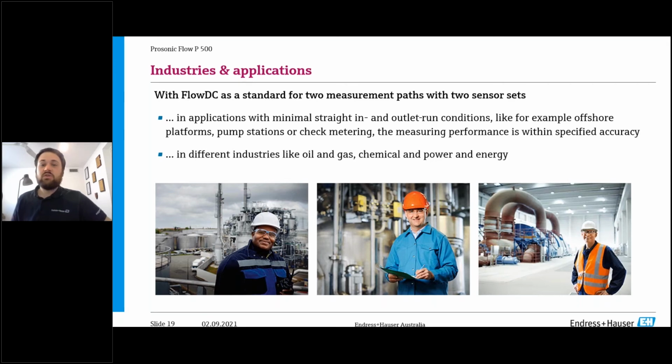So areas where you might have minimal straight inlet and outlet run conditions, like offshore platforms, pump stations, firewater stations, where you need performance within a specified accuracy, then this would be a good example of where you should use it. And it's available for lots of different industries as well.